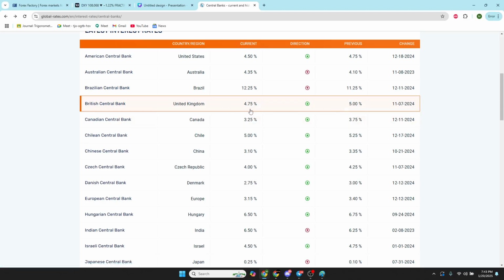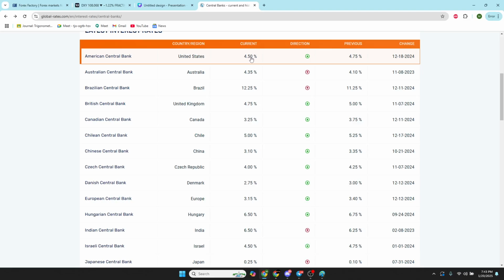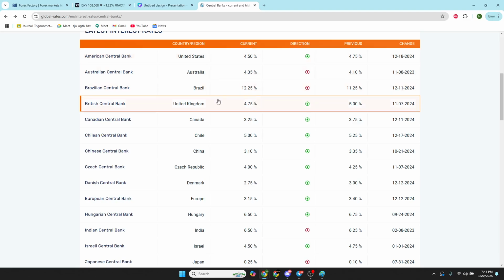So we need to write that down, even though we see that the pound is supposed to have a bearish stance with this interest rate being higher than the United States, it actually puts more yield on the United Kingdom, which makes it more bullish actually.